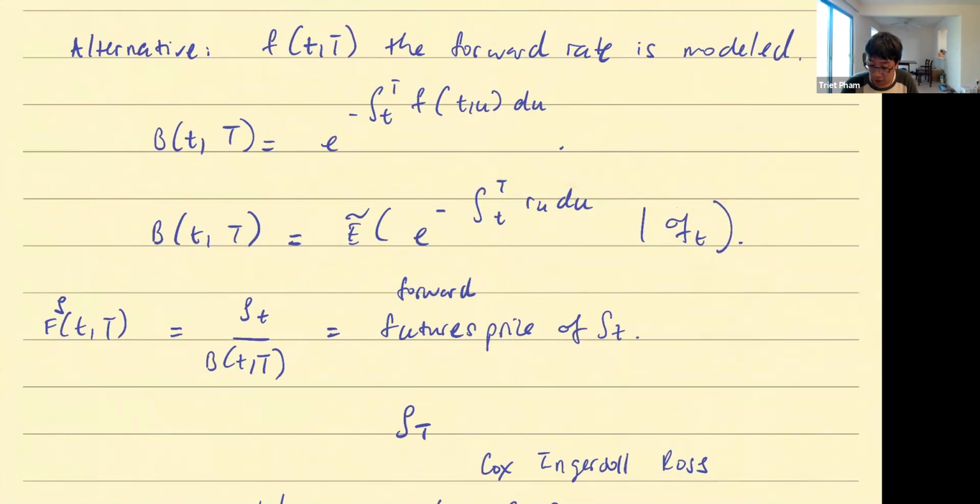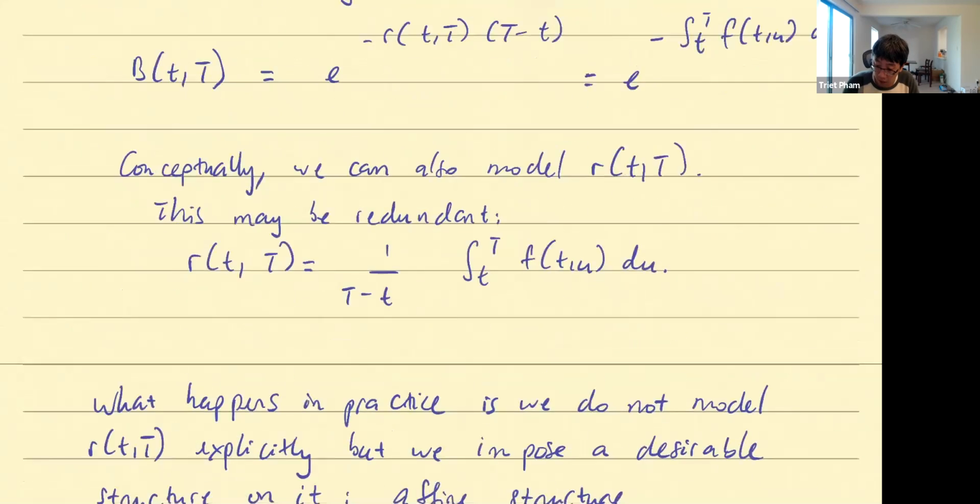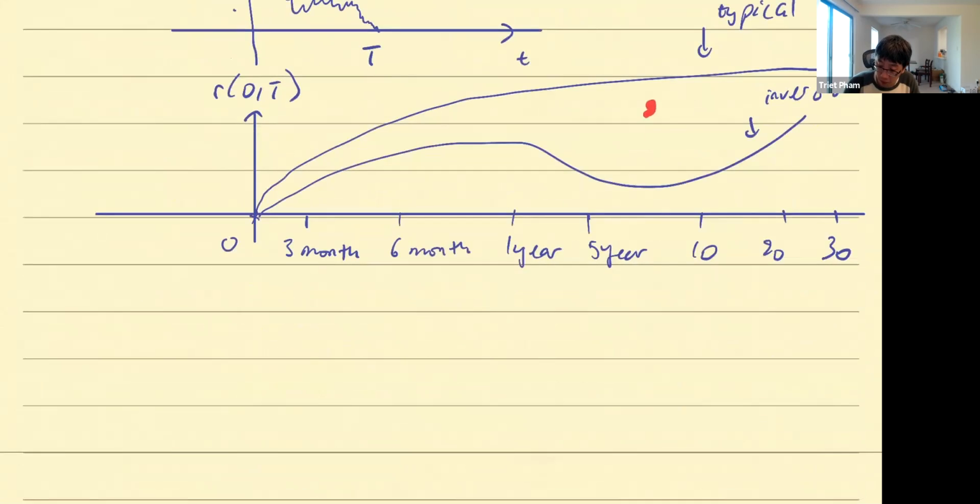Not really. This big T is there, and you will, implicitly or explicitly, talk about different bonds at different times to maturity. There's a yield curve sitting behind all these bonds that you are modeling, whether you want to or not.